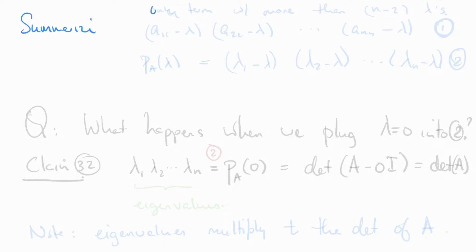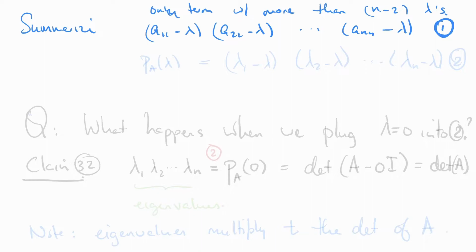The only term with more than n minus 2 lambdas is going to be (A11 minus lambda), (A22 minus lambda), (Ann minus lambda). This is 1. And then we also have that p_A of lambda, the polynomial, is (lambda 1 minus lambda), (lambda 2 minus lambda), dot dot dot, (lambda n minus lambda). This is 2.